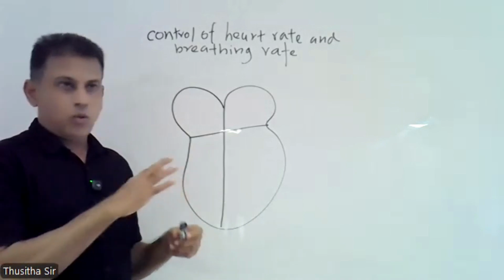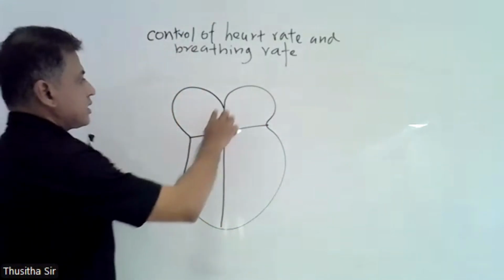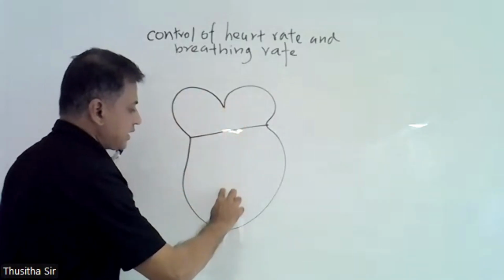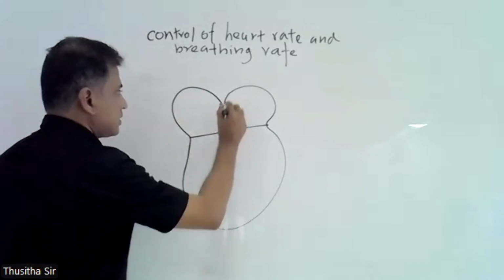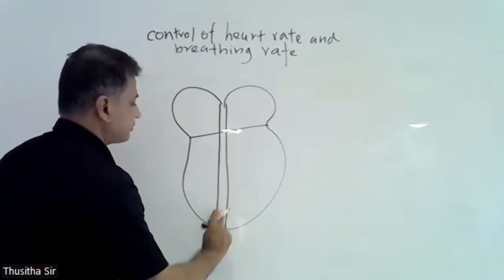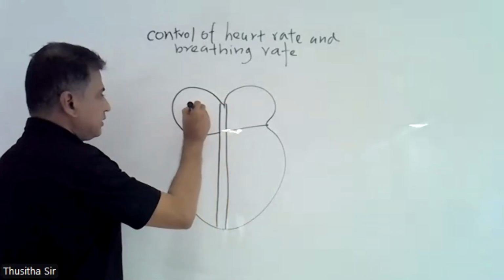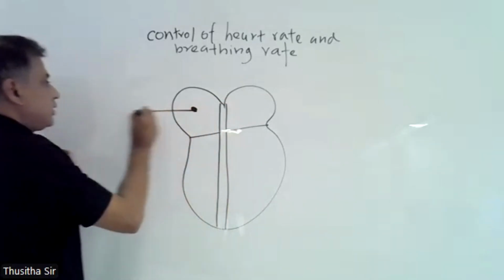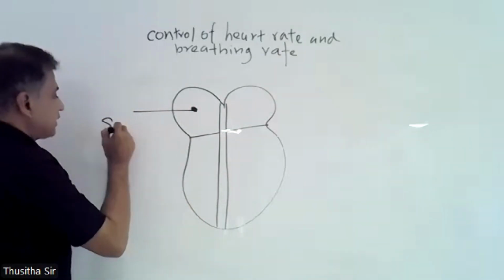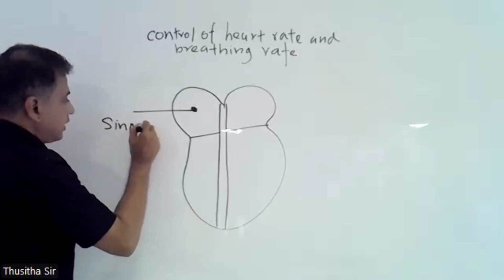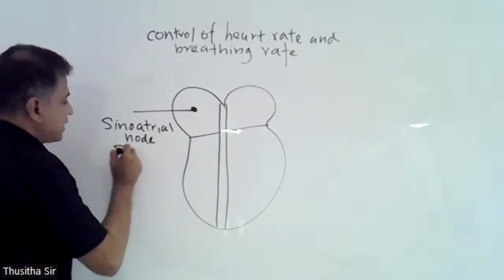Here is the septum of the heart, and there is something here called the sinoatrial node, the SA node.